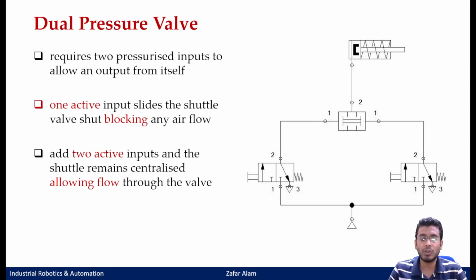It will only allow the air or fluid to flow to the cylinders if both of these input elements give a pressurized line to either side of this valve. Okay, so in common language this is also known as your AND valve. Otherwise it is known as your dual pressure or two pressure valve.